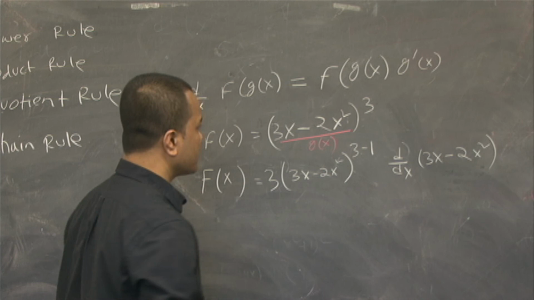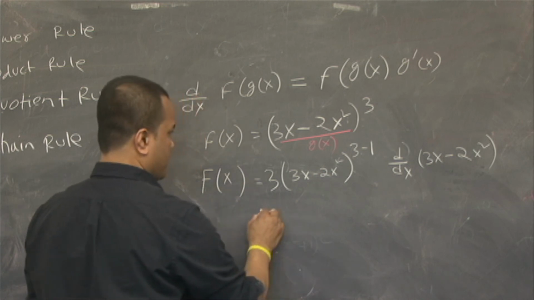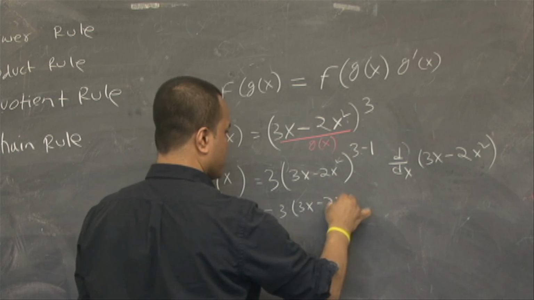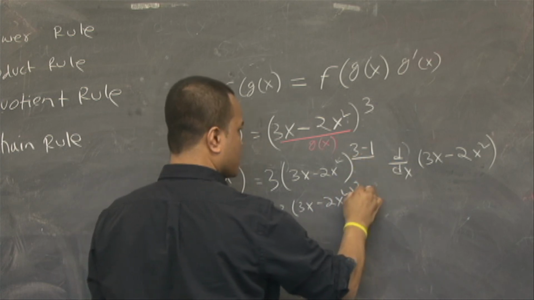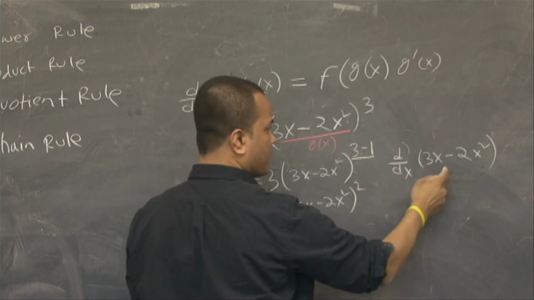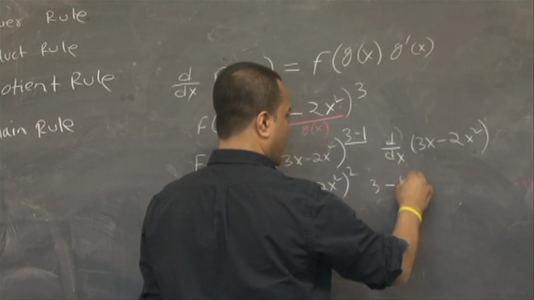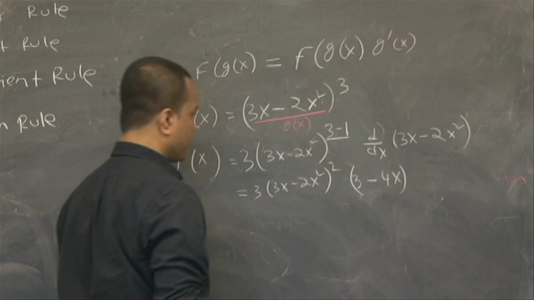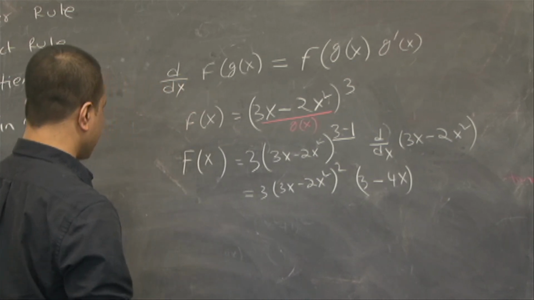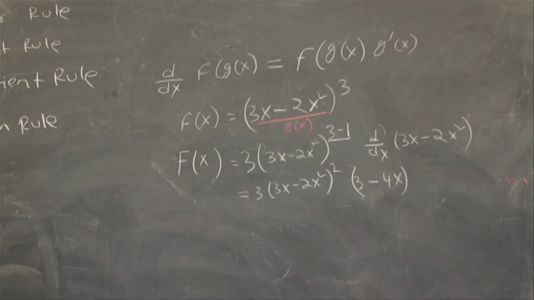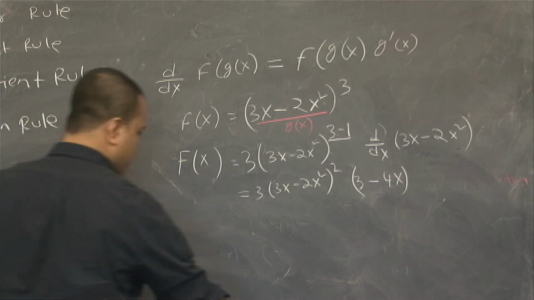So 3x minus 2x squared to the power 2, times the derivative of the inside, 3 minus 4x. That's how we use the chain rule to take the derivative.